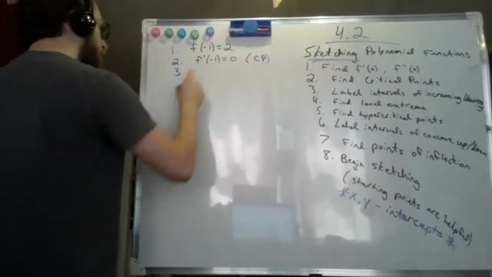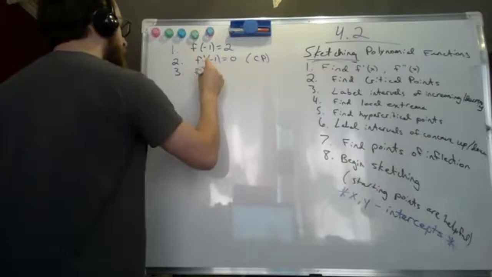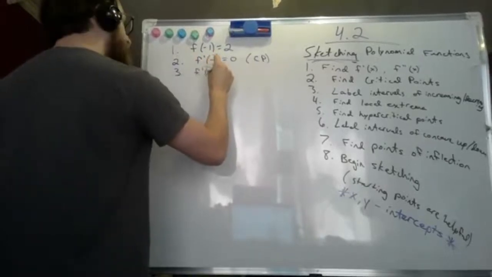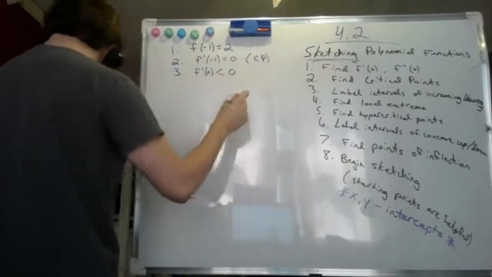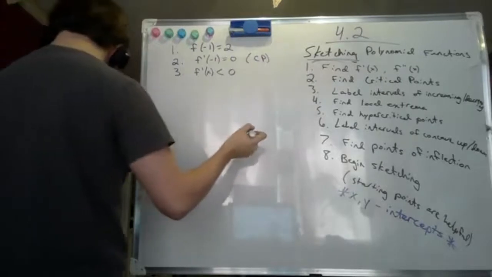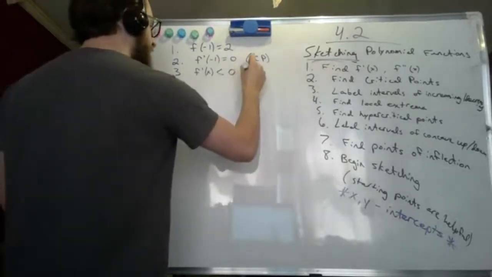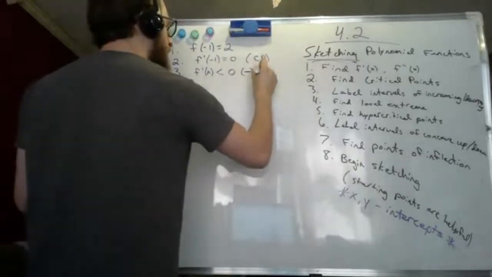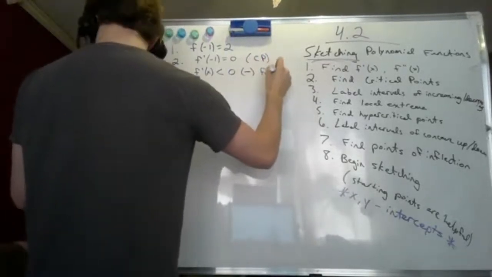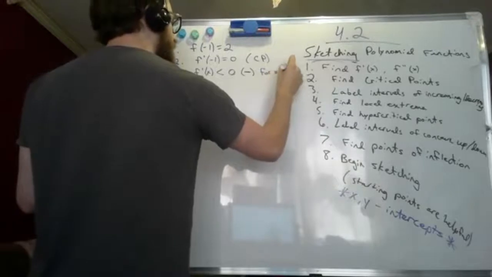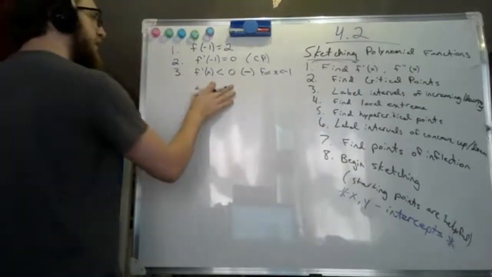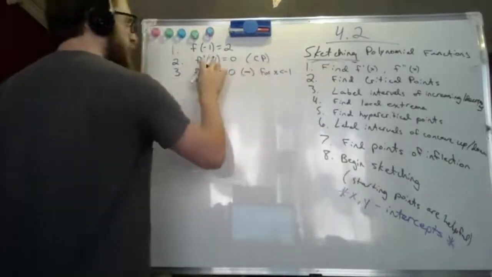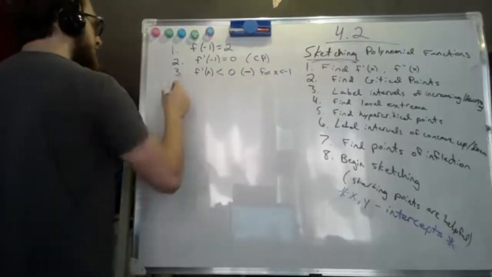3, we're told that f prime of x is less than 0, so it's negative, which means it's decreasing for x less than -1. Okay, so that's giving us an interval. For all x less than this critical point, we're going to have negatives.